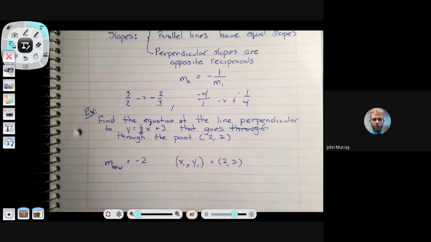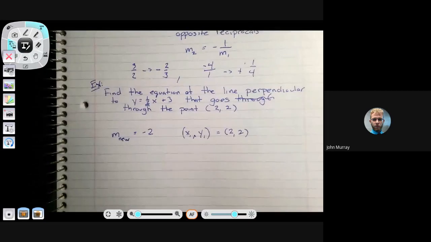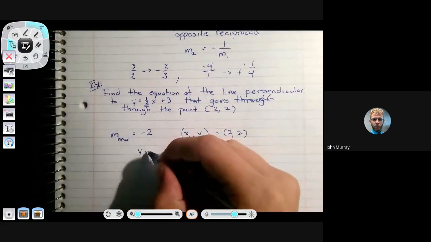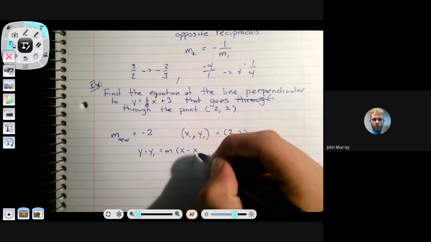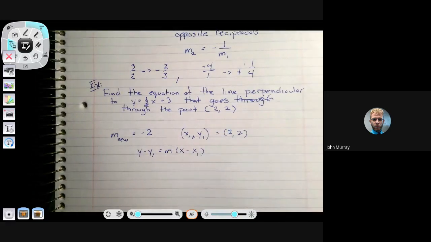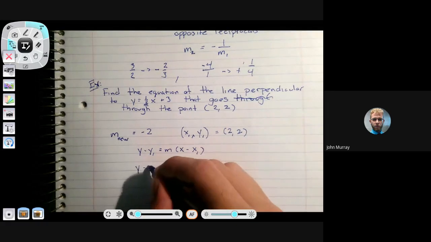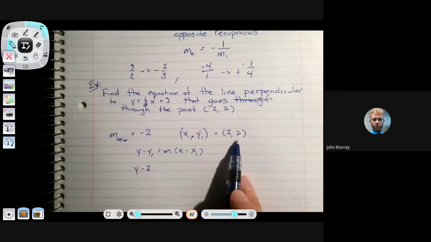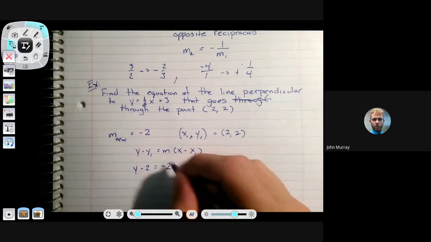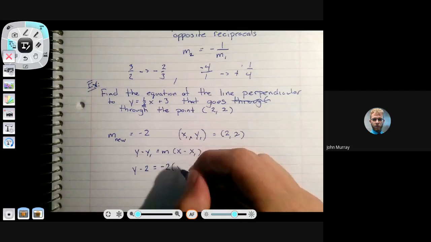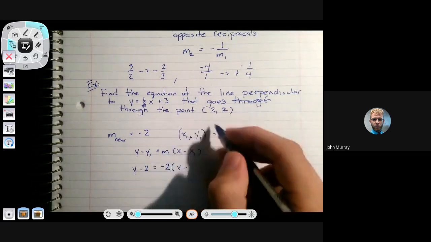So now we're going to use point slope form. I'll write it down so we have it. And we're just going to plug in and then simplify. I have y minus 2, that's my y1, 2, equals -2, that's my slope, x minus 2 again.